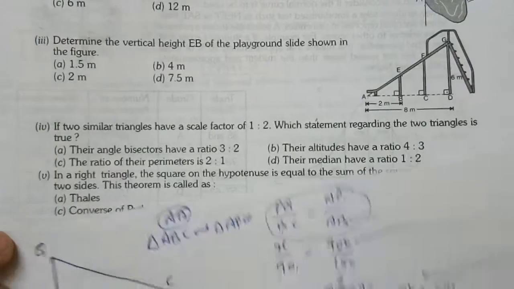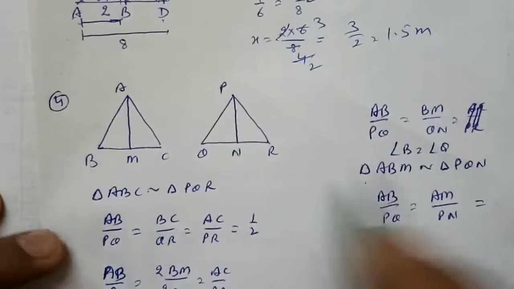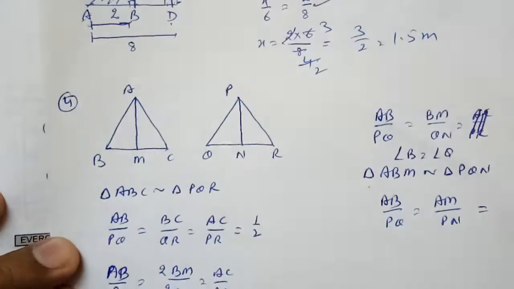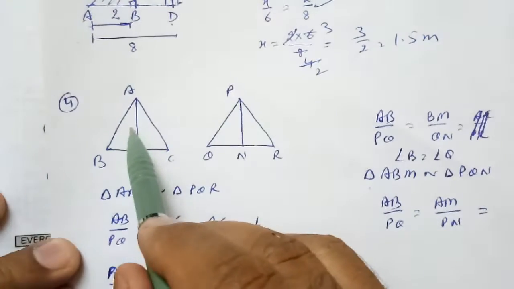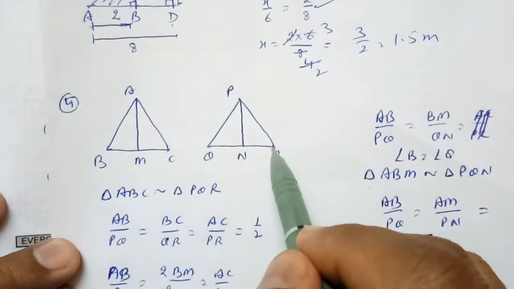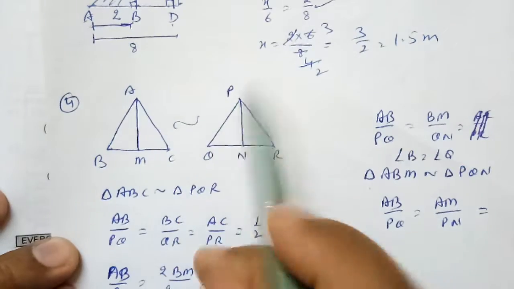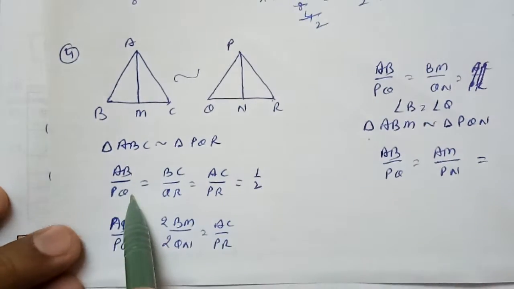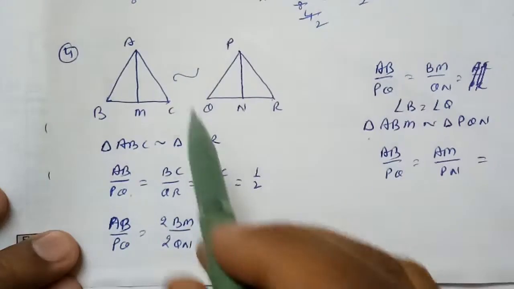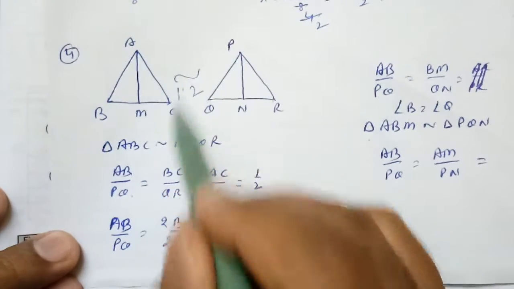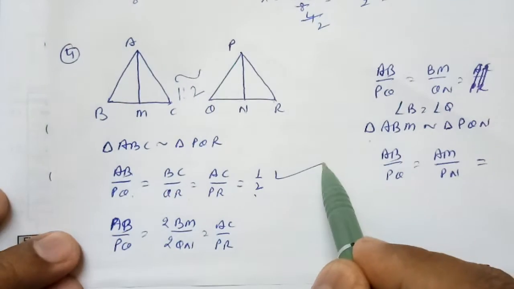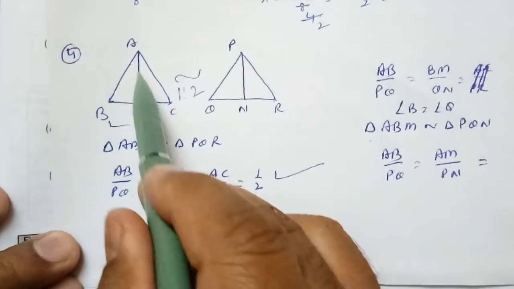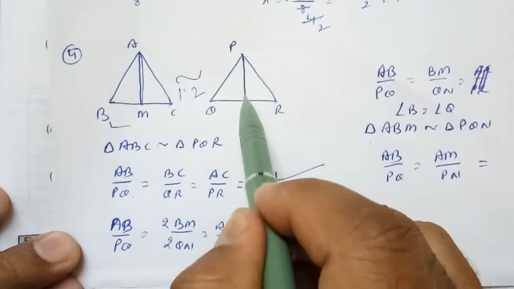So here we consider two similar triangles, and this is also a question in your exercise, that ABC and PQR are two similar triangles. When the triangles are similar, the ratio of the corresponding sides is equal, and the scale ratio is given as 1:2, so the ratio of the sides is also 1:2. Now here AM is the median.